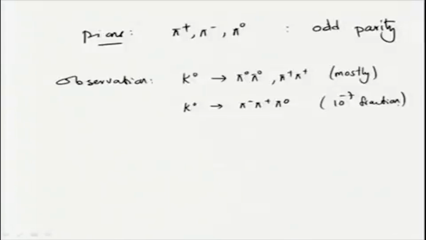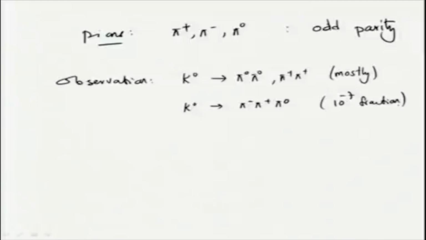Now, if pion has odd parity, parity minus 1, the final state of the first reaction decay gives together parity minus into minus, which is plus. The second reaction it is minus into minus into minus, 3 times, and that together it is minus 1.